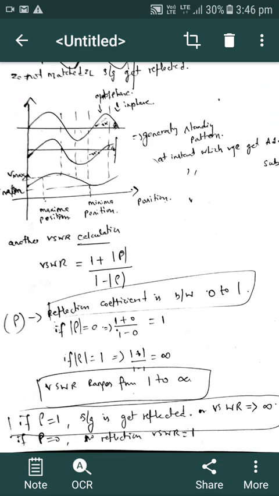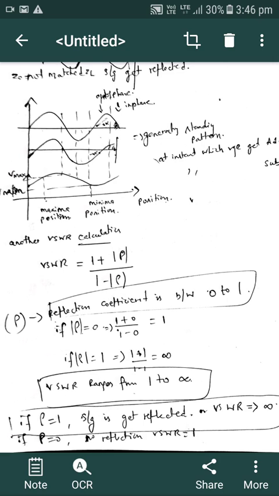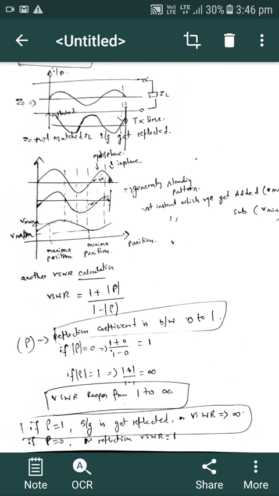Depending upon the reflection coefficient being between 0 and 1, the VSWR ranges from 1 to infinity.